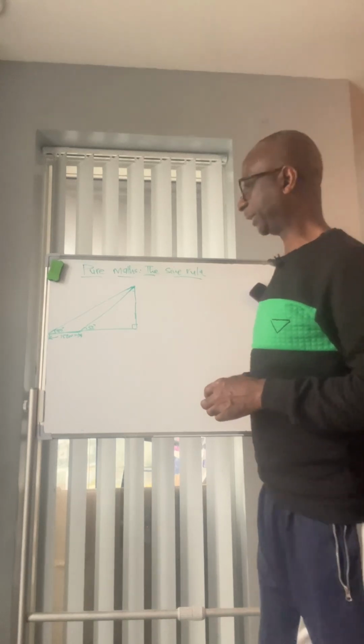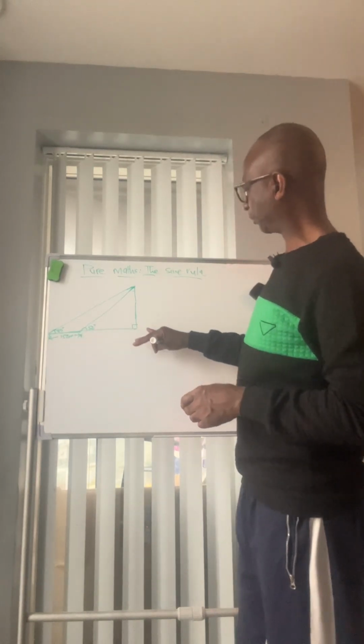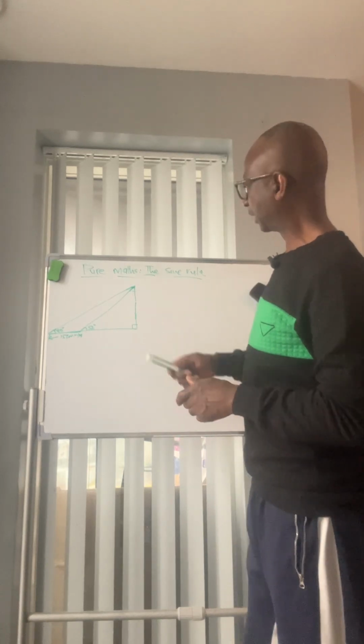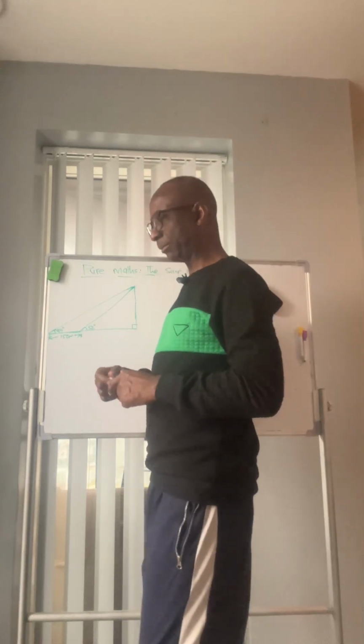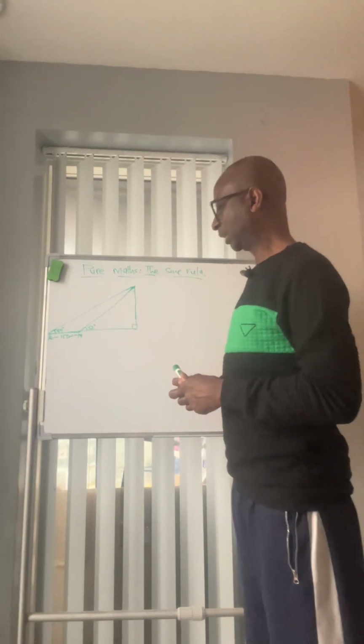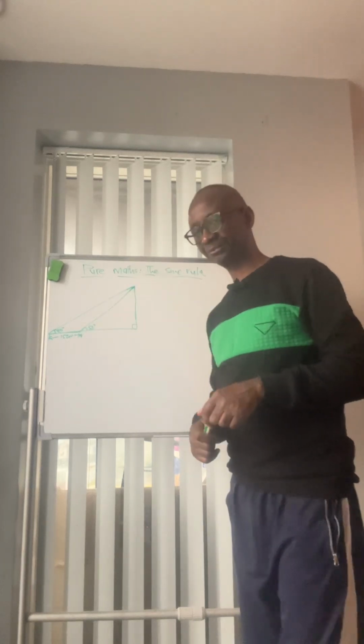What I need to mention here is, if you are standing at the bottom of a building and you're looking at the top of that building, you want to take the measurement, the height of that building. The angles you have here are called angles of elevation.